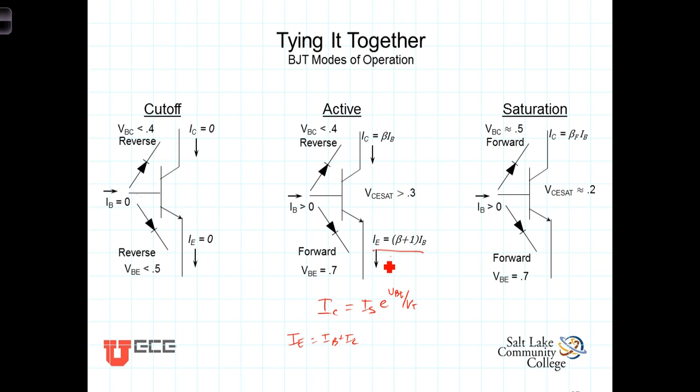Finally, as we mentioned, when this base to collector PN junction becomes forward biased at around 5/10 of a volt, something in there, we then run into the saturation region where electrons in the N-type collector are free. There's no voltage barrier to prevent them from flowing into the lightly doped, narrow, p-doped base region.